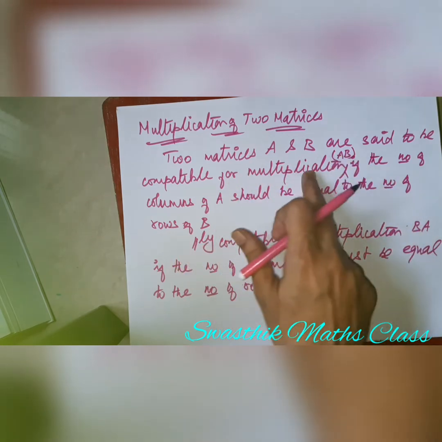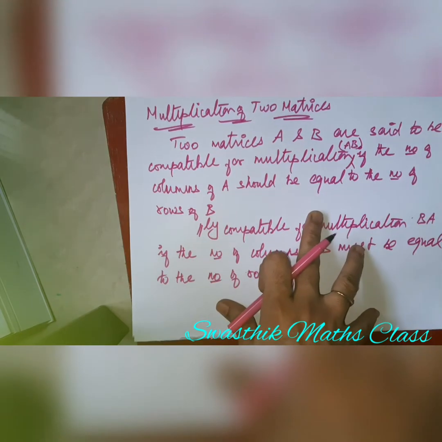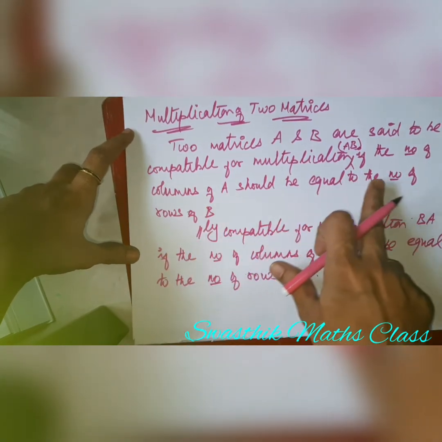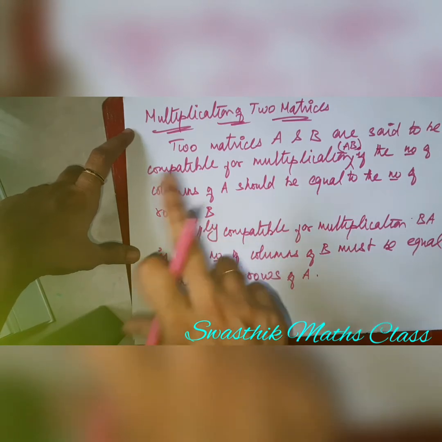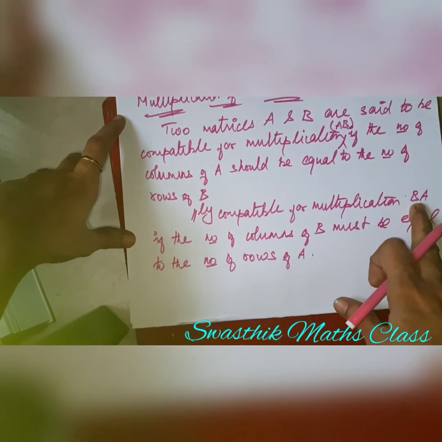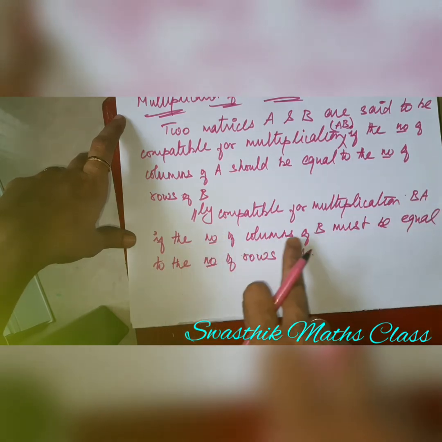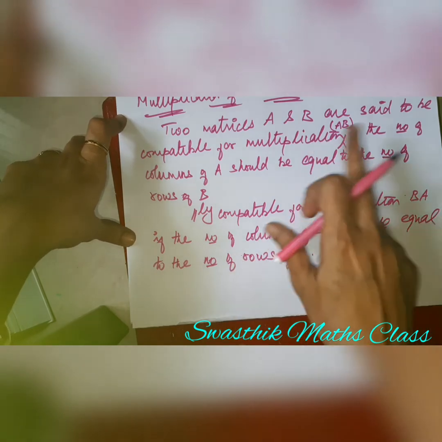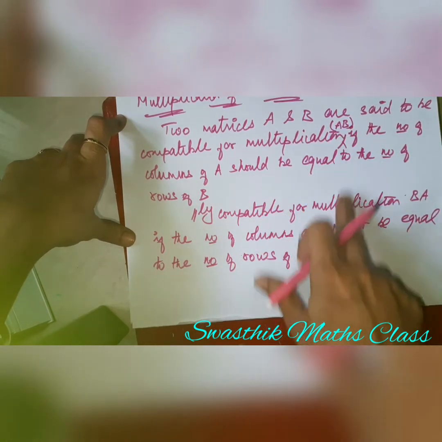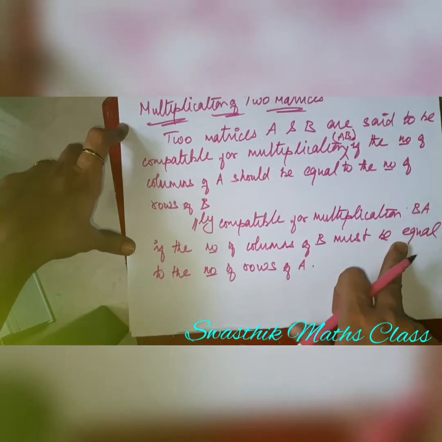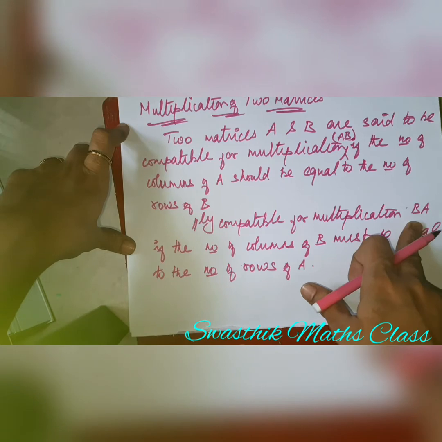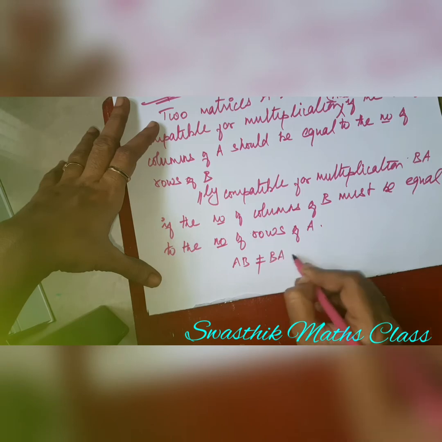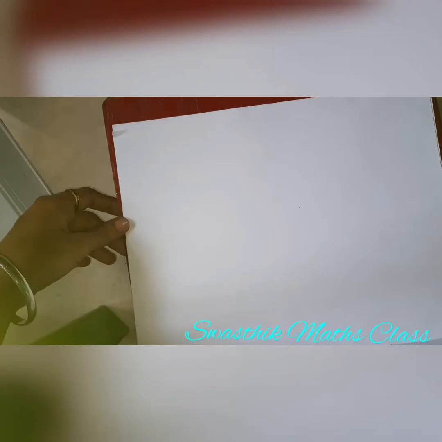To get the multiplication AB, the number of columns of A should be equal to the number of rows of B. And similarly, to get BA, we need the condition that the number of columns of B must be equal to the number of rows of A. If these conditions are satisfied, then we will get the two new matrices AB and BA. And remember that AB is not equal to BA in general. In some cases only these two will be the same.